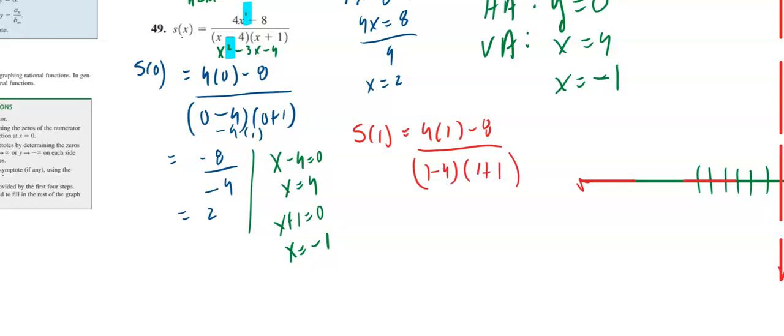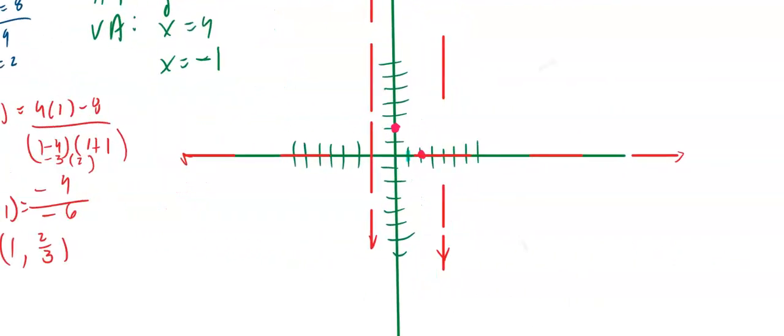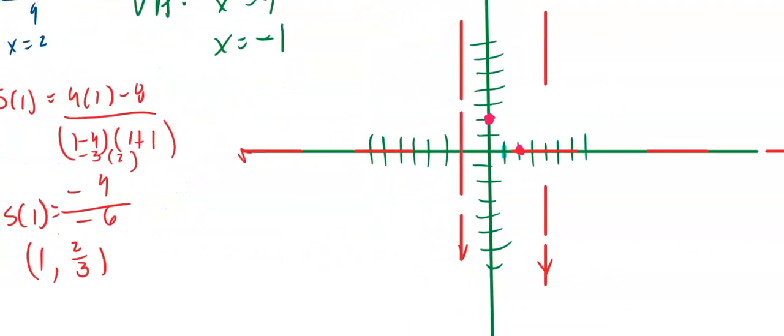So 4 minus 8 is negative 4. 1 minus 4 is negative 3. 1 plus 1 is 2, over negative 6. So all of this to compute: when x is 1, y is negative divided by negative, which is positive 2/3. Okay. Now, we can only do that so long without getting completely bored. So this is where our graphing calculator is really handy.